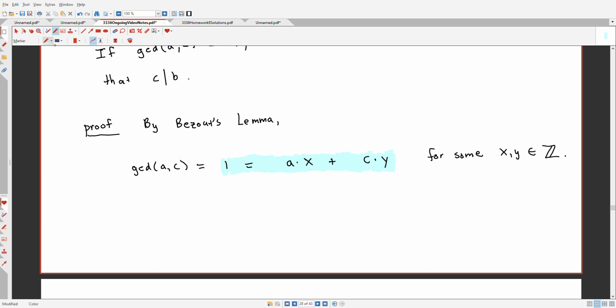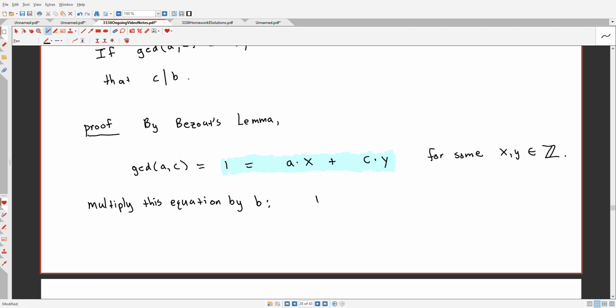And now what I'm going to do is multiply this equation by the number b. So I'm going to write it in blue. Well, I'll highlight it in blue.